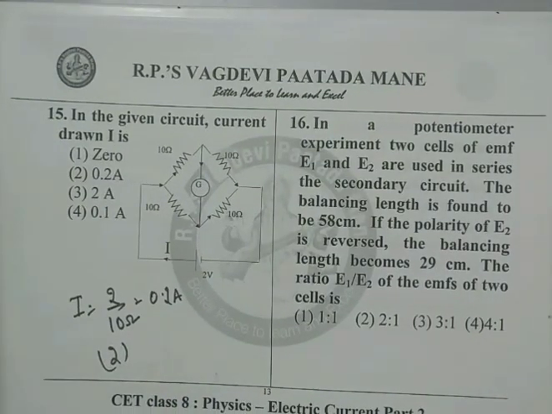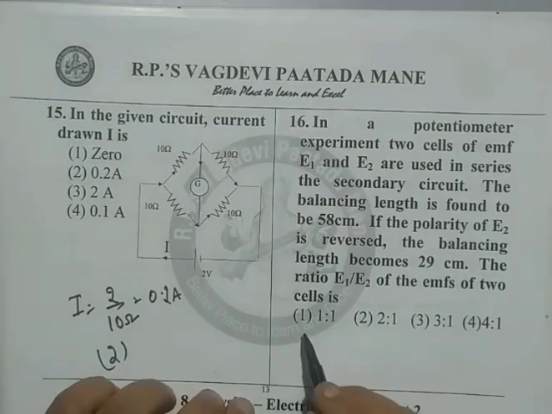Next we read, in a potentiometer experiment, two cells of EMF E1 and E2 are used in series. In the secondary circuit, the balancing length is found to be 58 centimeter. If the polarity is reversed, the balancing length is 29. The ratio E1 by E2 of the EMFs of the two cells, we can do it very simply.